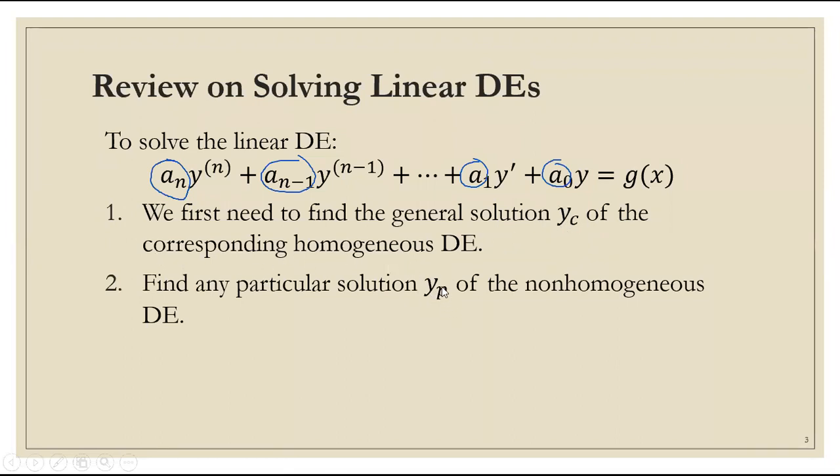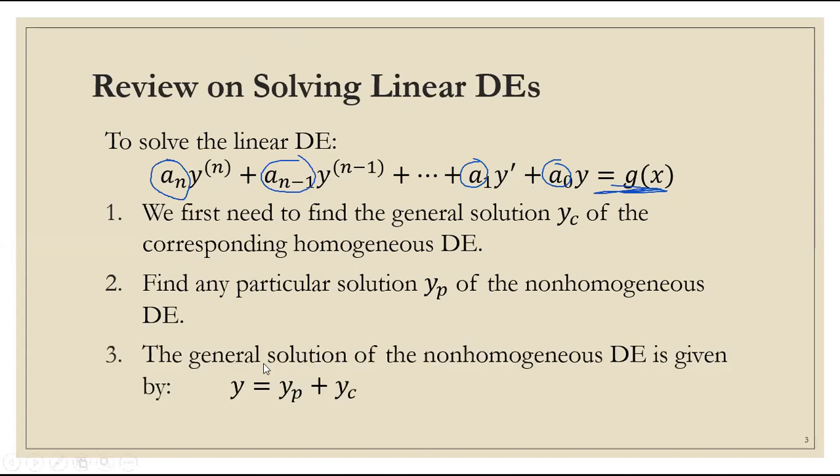Then you have to find yb, which is a particular solution for the non-homogeneous with this g. If g is maybe a polynomial, exponential function, sine and cosine, or a linear combination of their products, you can find the particular solution by finding the annihilator of your right-hand side. Then you will add yb to yc.